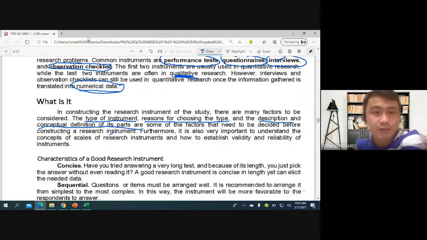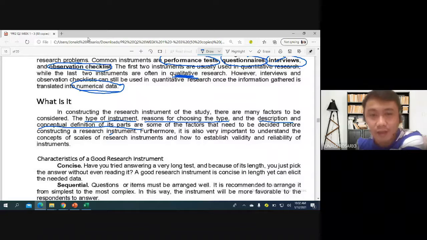Description and conceptual definition of its parts. Ano yung mga parts nung questionnaire natin? Actually, may mga parts yan. Part 1, ano yung nalagay sa part 1? Lagi yung tatandaan, pag sinabing instrument, ito yung ipapasagot sa mga respondents. Ito yung sasagutan nila, no?